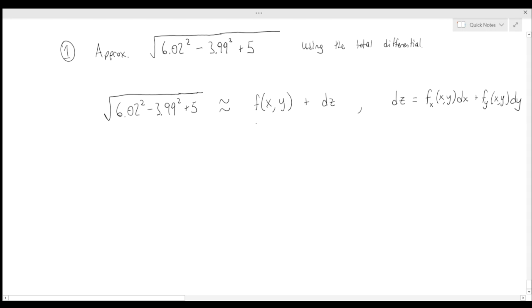All right, so first regarding what is our function f going to be? The idea is your function should resemble what you are trying to approximate. And looking at what we're trying to approximate, it seems to resemble the function f of xy is the square root of x squared minus y squared plus 5, okay?